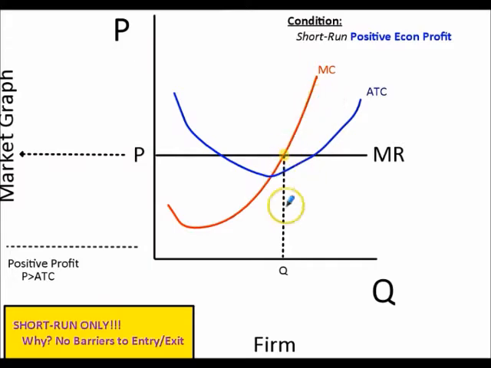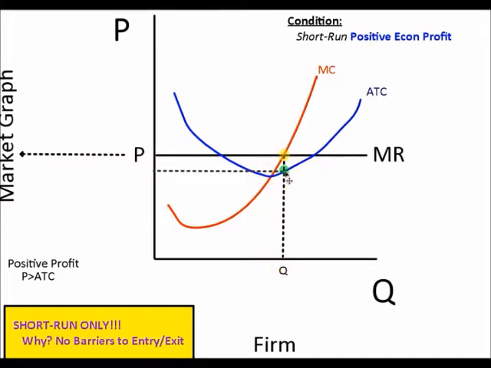So we have that established here. Now I want you to take note of where this quantity hits that ATC. I'm going to use this little line here so you can see. Right there, this little dot, that is where the profit maximizing quantity hits the ATC.